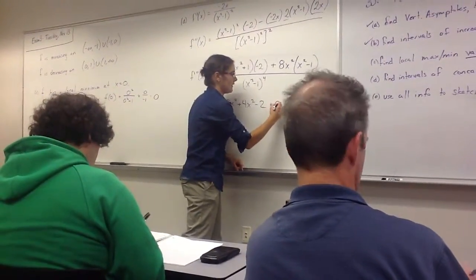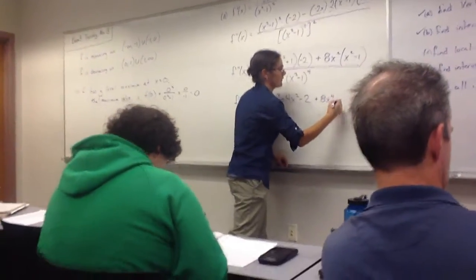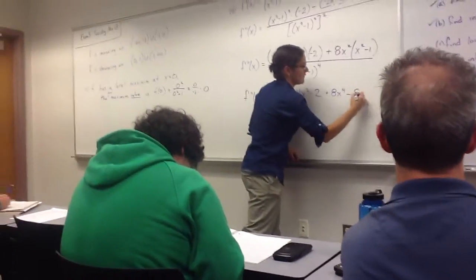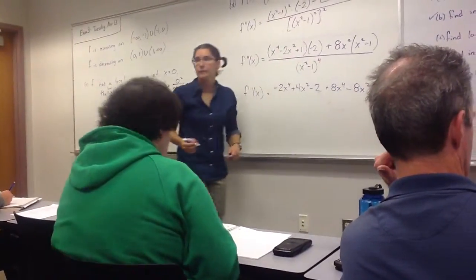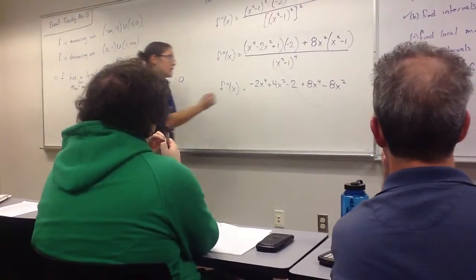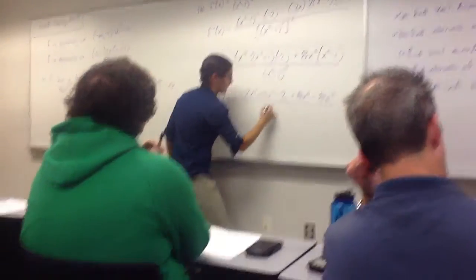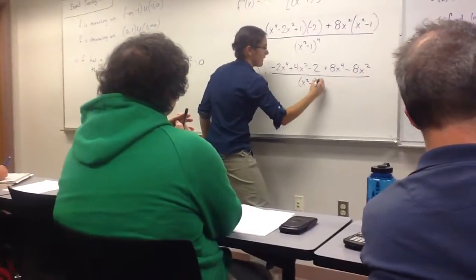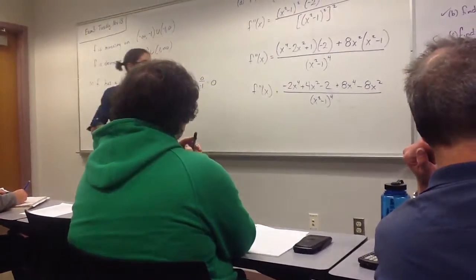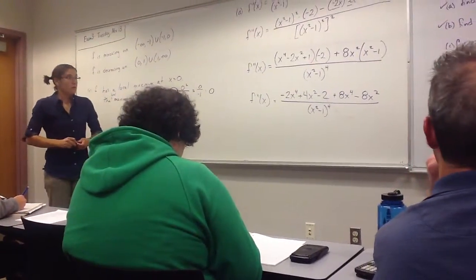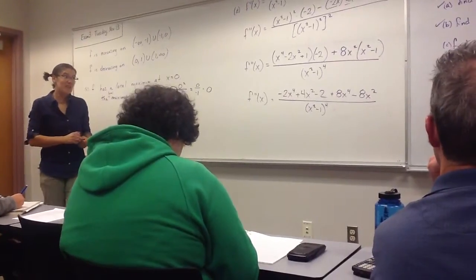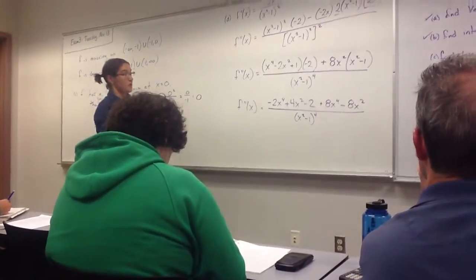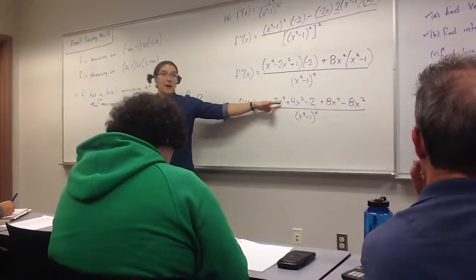We've got plus 8x to the 4th minus 8x squared. All divided by x squared minus 1 to the 4th. Okay, so we're not quite done simplifying in the numerator, but are there any questions so far on what we have?